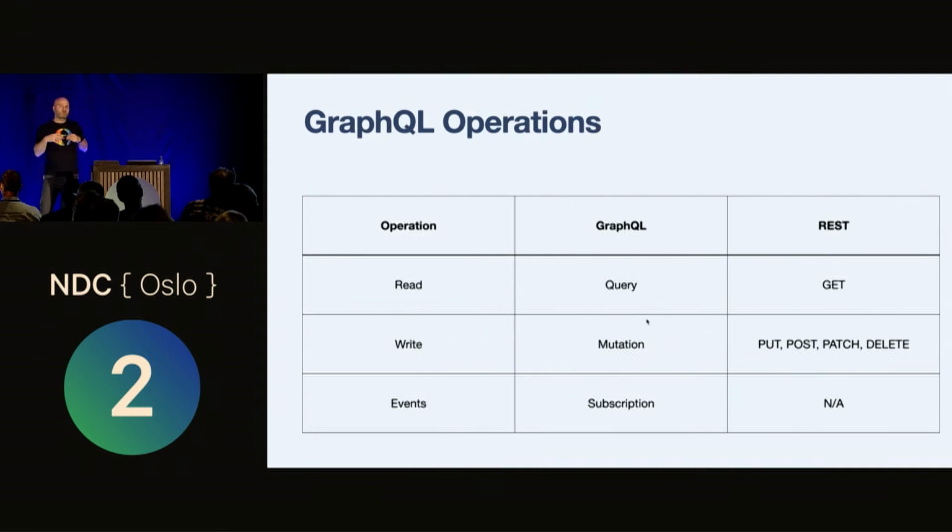And it's basically the PUT, POST, PATCH, DELETE in REST. Last, we have events, or we call them subscriptions in GraphQL, and you don't have them in REST. You maybe have them by using SignalR or WebSockets or so, but in GraphQL they're integrated. So writing a query is no different from writing a reactive subscription.